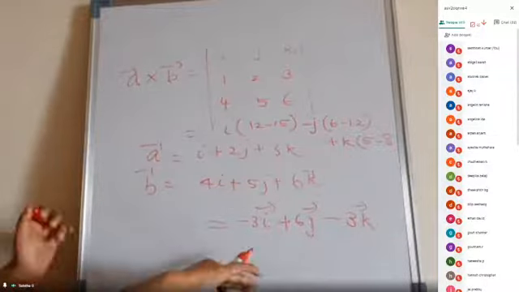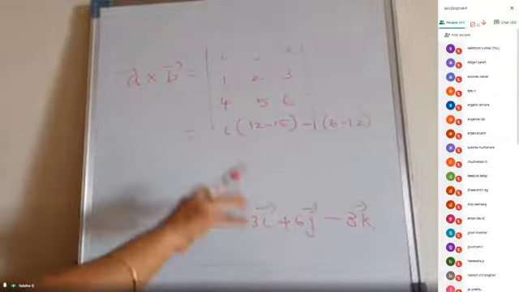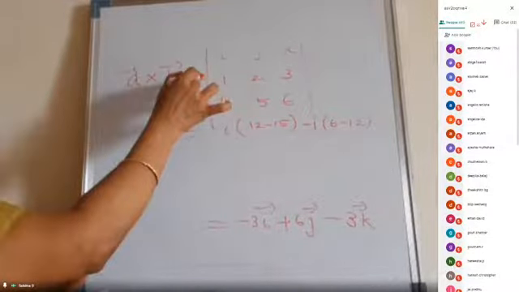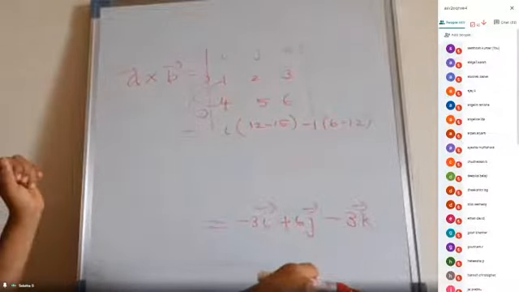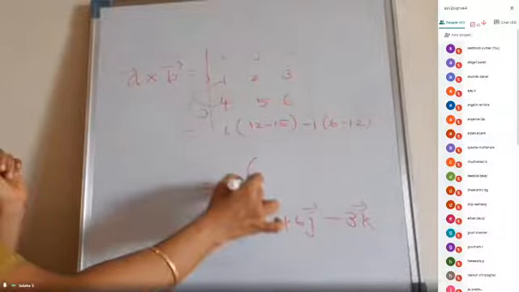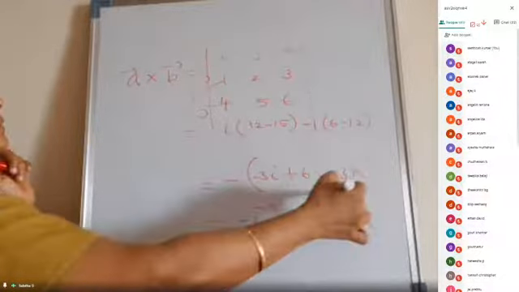Now, you all know the properties of determinant. If I interchange any two rows, what happens? The answer is negative of this. Minus of minus 3i plus 6j minus 3k, isn't it?